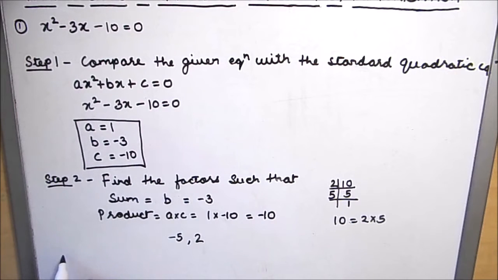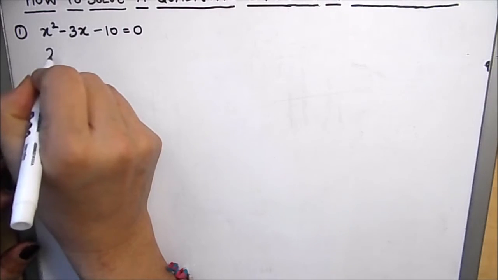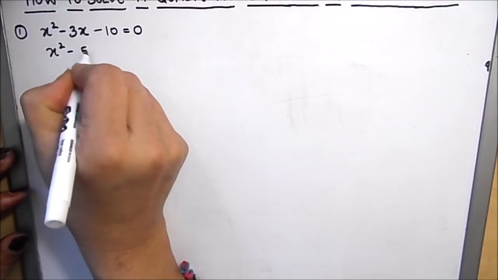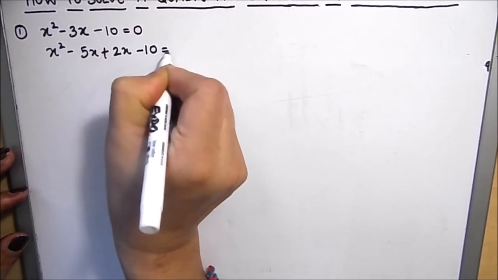Now step number 3 is to replace b as the sum of the two numbers. So our equation is x square minus 5x plus 2x minus 10 is equal to 0.